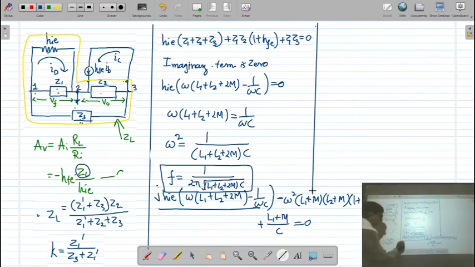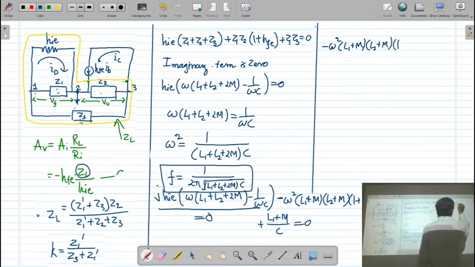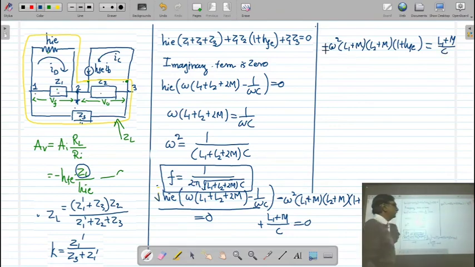Okay. Now if you look at this, in this expression my imaginary term is 0. So what we have is minus omega square into (L1 plus M) into (L2 plus M) and (1 plus h_fe), and this is equal to a (L1 plus M) by C. So here you can cancel out this negative sign, so this will be positive.